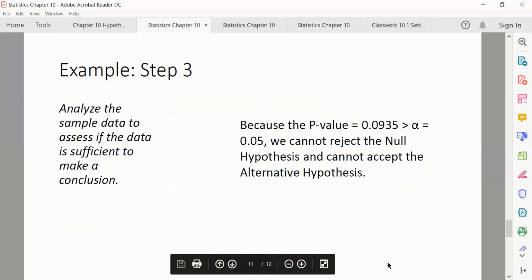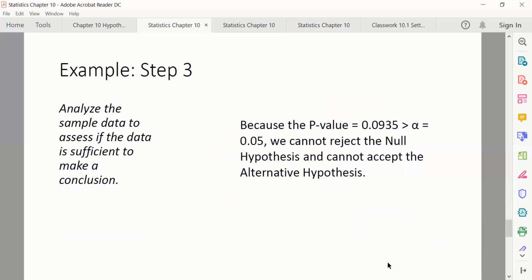So because the p-value is 0.0935, which is greater than our alpha, we cannot reject the null hypothesis and cannot accept the alternative hypothesis because our data isn't far enough from the old data.